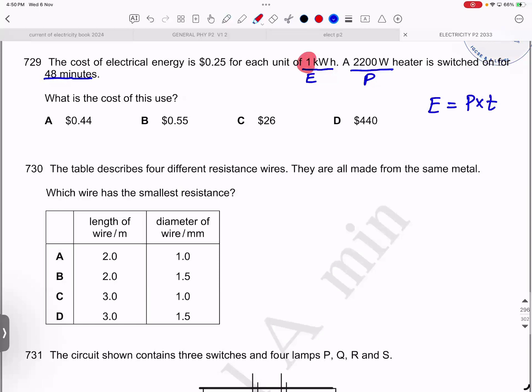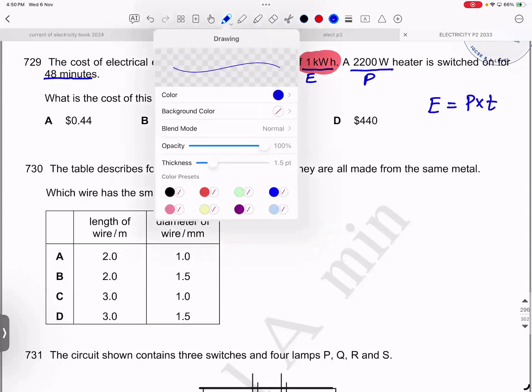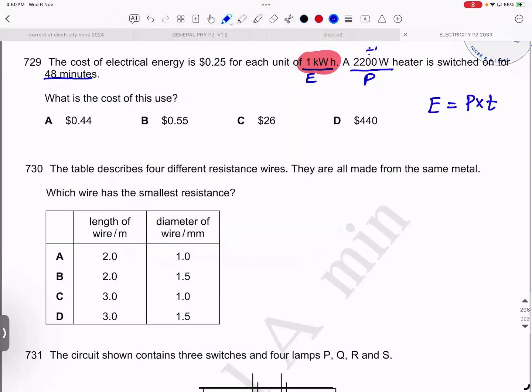Since the given unit for energy is kilowatt hour, let's change that also into kilowatt. So first of all, I will change the power from watt to kilowatt. I'll divide by 1000. So power is 2.2 kilowatts. Time is in minutes. I will change into hours. Divide by 60. So time is 0.8 hours.